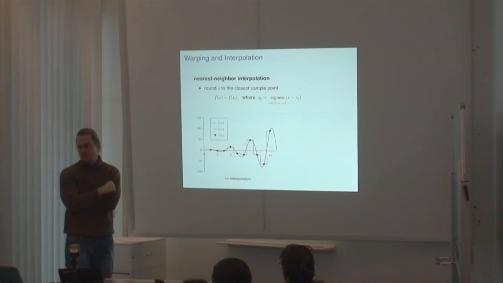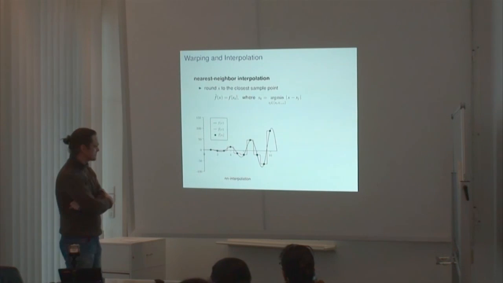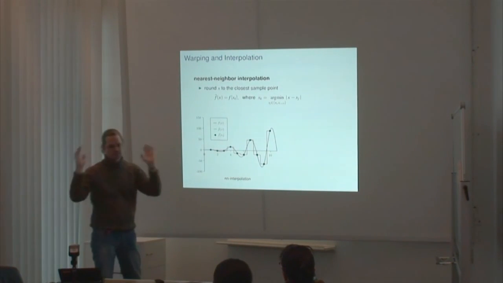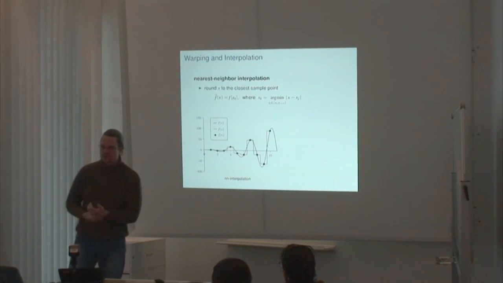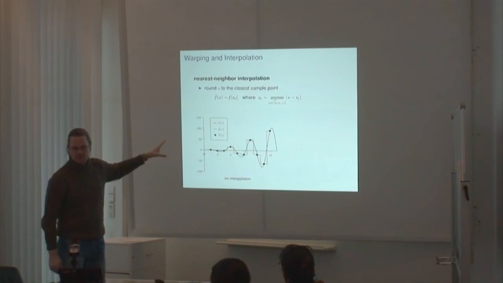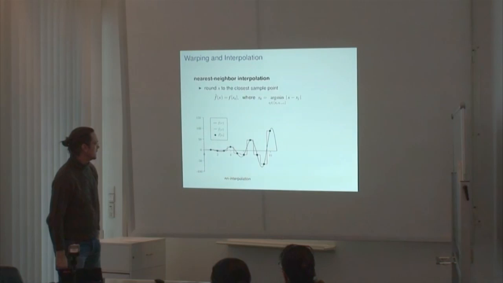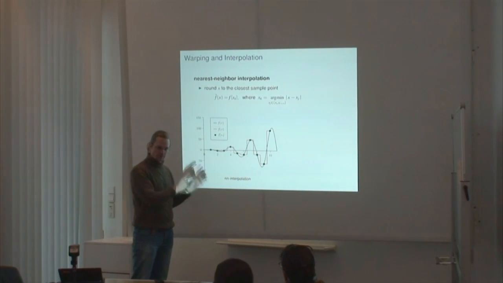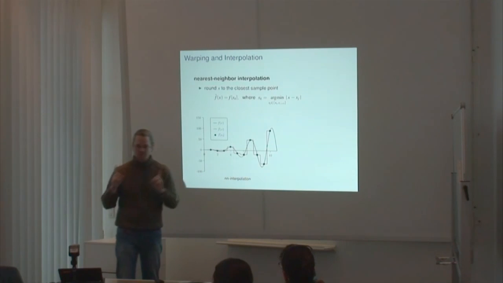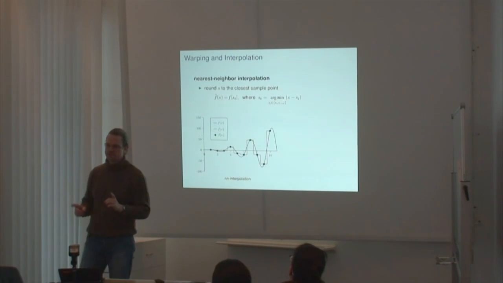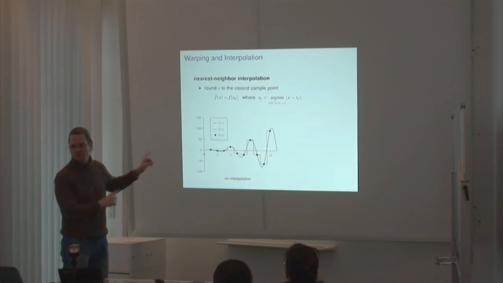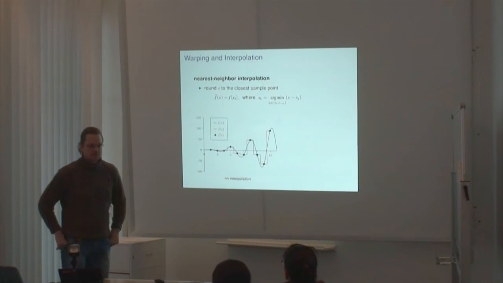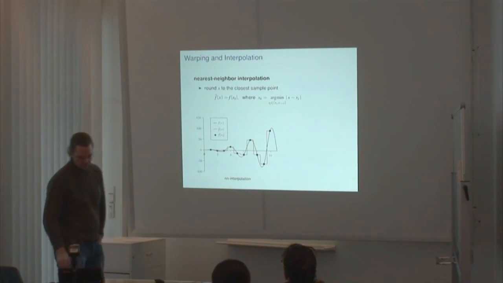It's extremely fast. If you want to compute this, it's instantaneous. So there are merits to this. I am belittling it from the point of view of quality, but from the point of view of computation speed, you cannot be better than this. This is certainly the fastest interpolation technique we have.